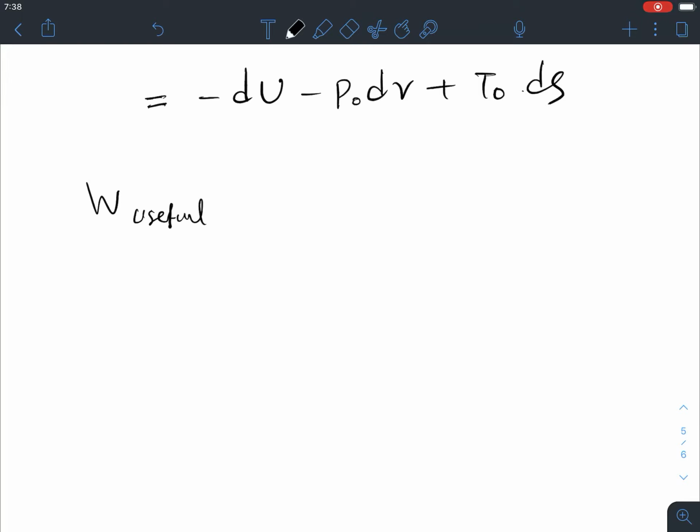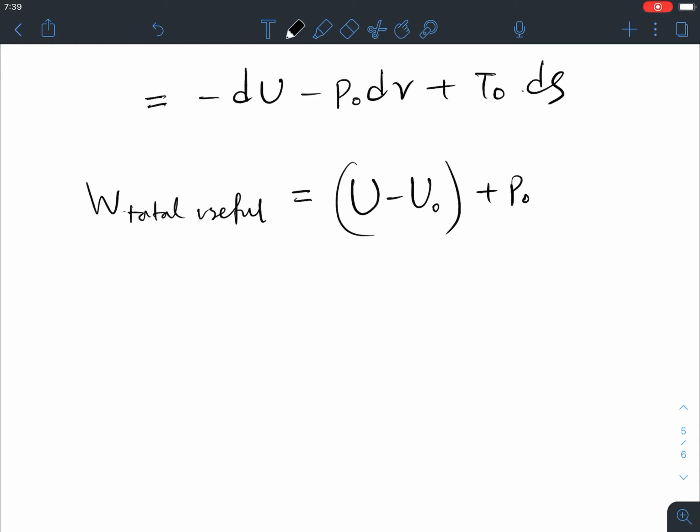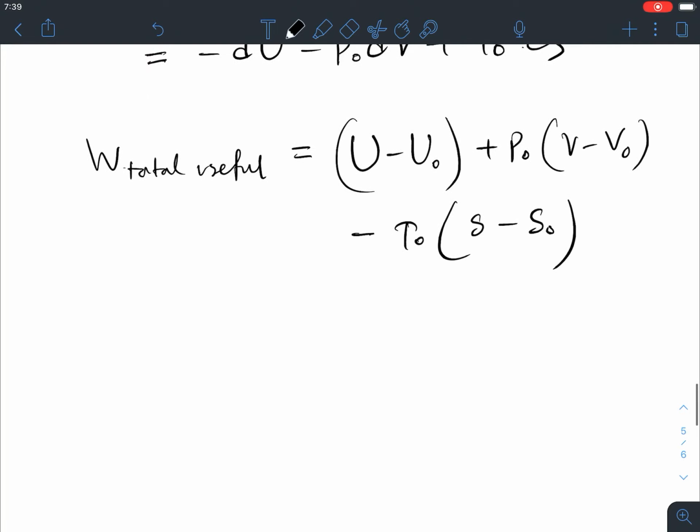So if we take the integral, then the total useful work W useful will be the change of internal energy U minus U naught, plus P naught times V minus V naught, minus T naught times S minus S naught.